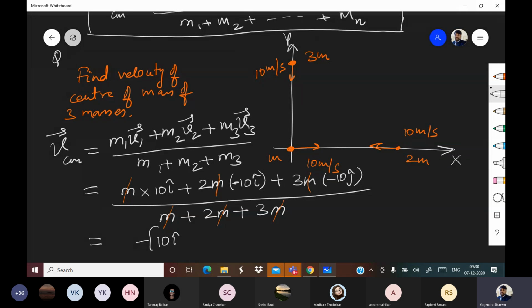And if we take minus common, it will be minus 10 I cap plus 30 J cap upon 6. So basically it is the same answer which you all are getting. All right. Are you able to see now?